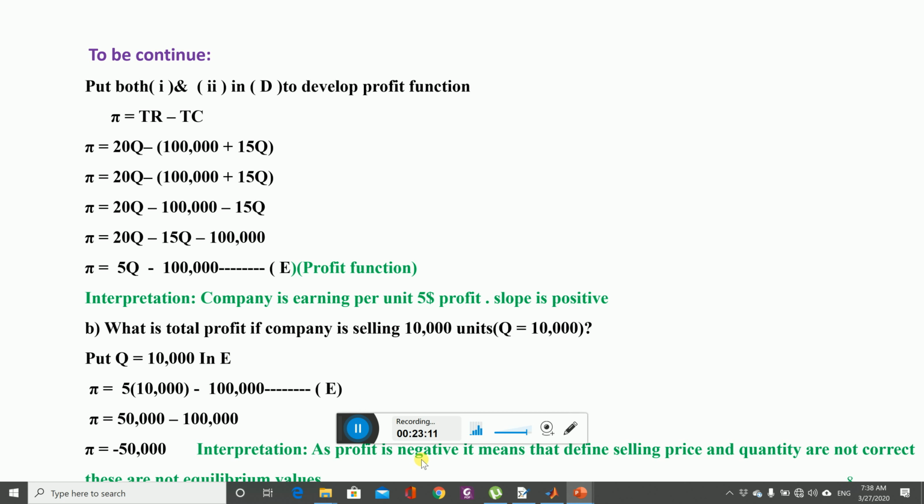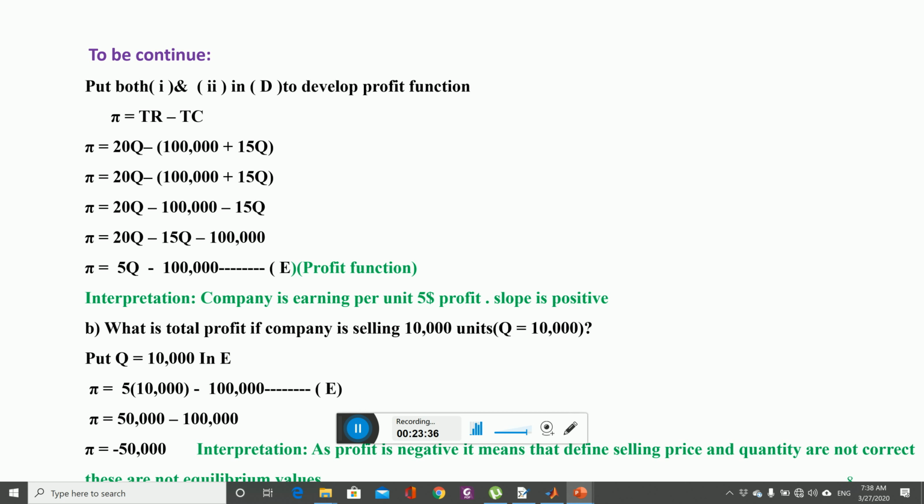Interpretation: profit is negative, which means the defined selling price and quantity are not correct. These are not equilibrium values. That is why our profit is negative. Why is profit calculated as negative? This means that the price the company fixed, selling price 20, is either too low or very high.